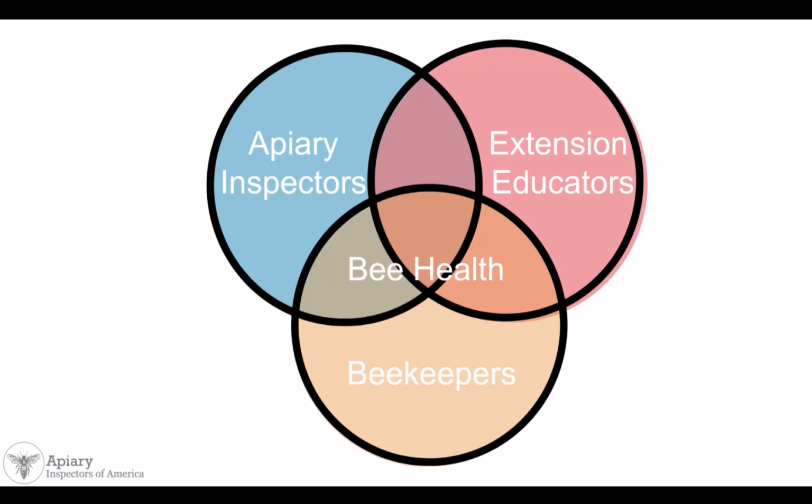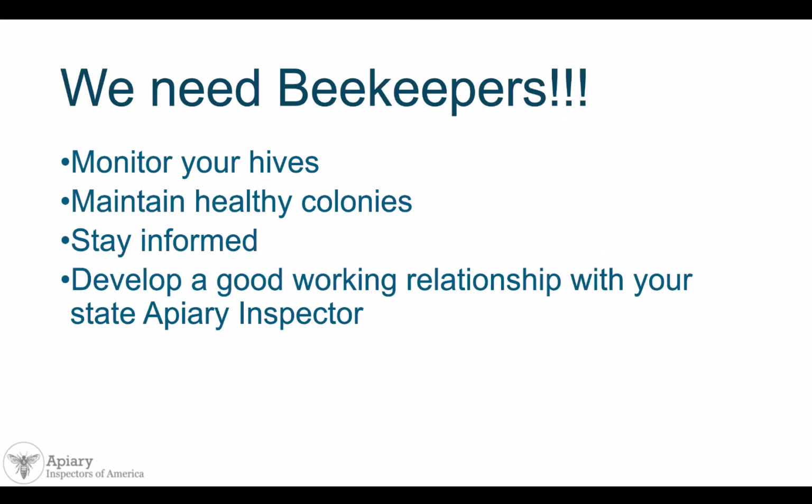So we all can work together for bee health. We need beekeepers to monitor their hives, maintain healthy hives, stay informed, and develop a good working relationship with their state apiary inspector, so when they see something or have questions, they can go to them for help.